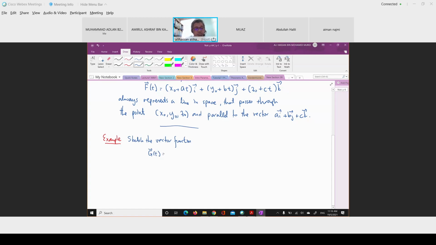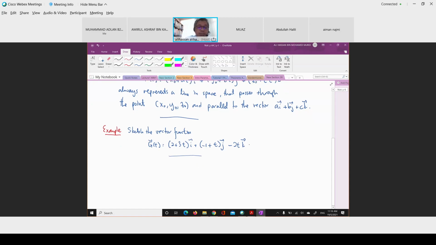It doesn't have to always be f or r. So let's call it g here: g(t) equal to (2 plus 3t) i plus (minus 1 plus t) j minus 2t k. I want to sketch this vector function.